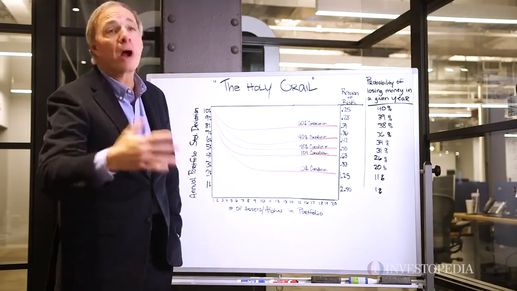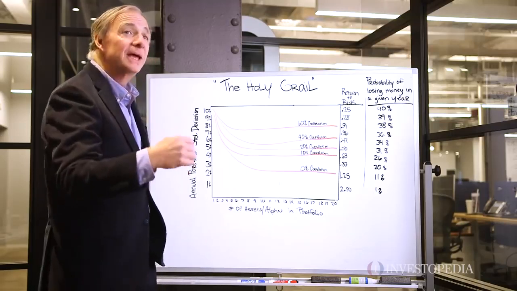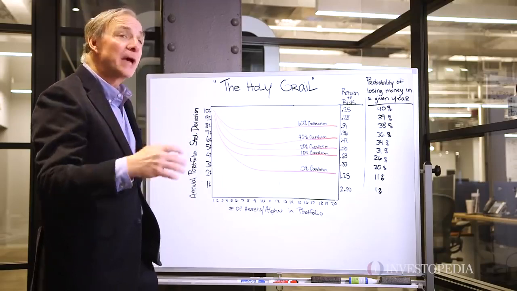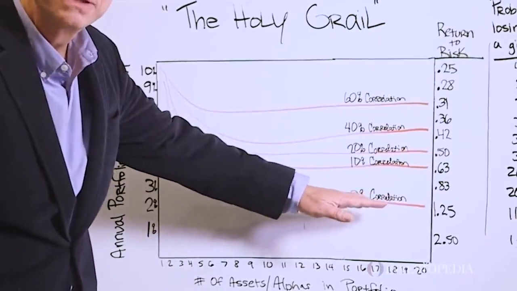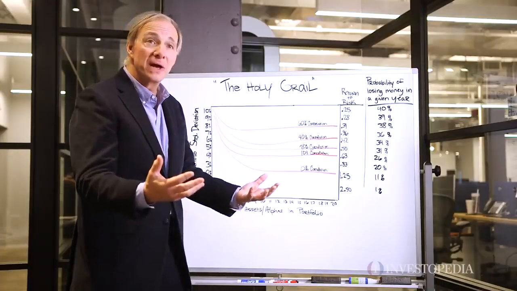Things that are probably going to make money, but you don't know, but they have a good probability of making money, and that have low correlation. That told me that's what I have to go after.